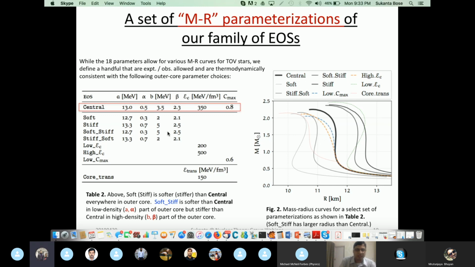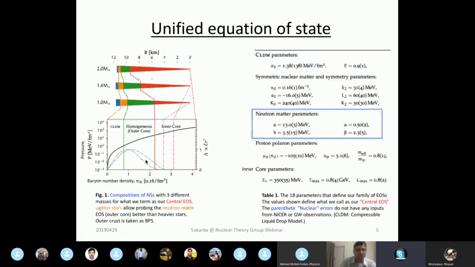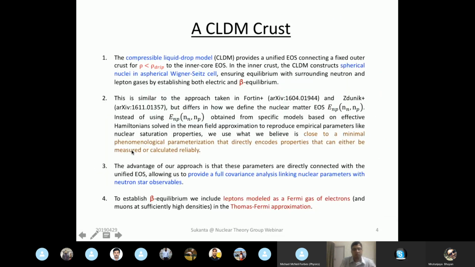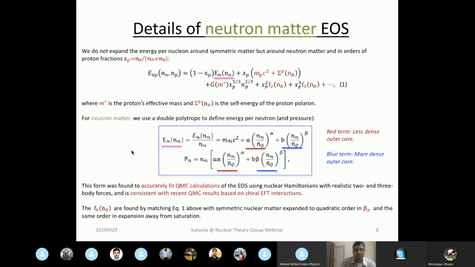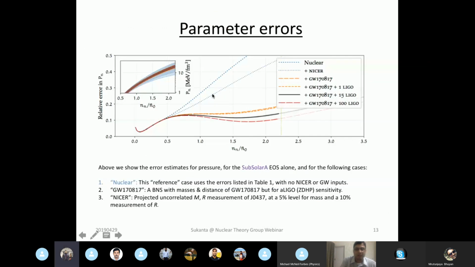So in other words, NICER measurements are translating into ranges of our parameters, and these ranges of parameters in turn will constrain the pressure versus density curve, such as the one given here. We find that yes, for NICER, we are able to do better than the default parameters, which, of course, with somewhat larger errors, was this.